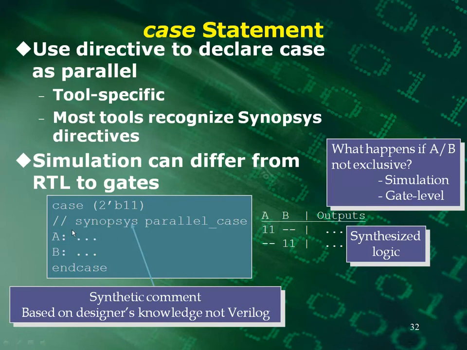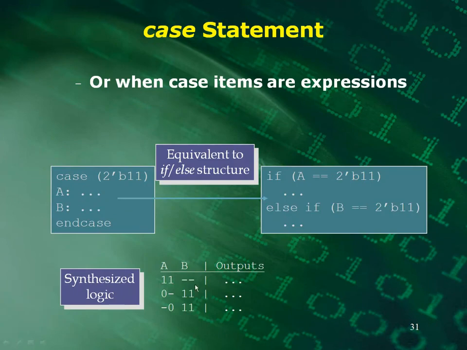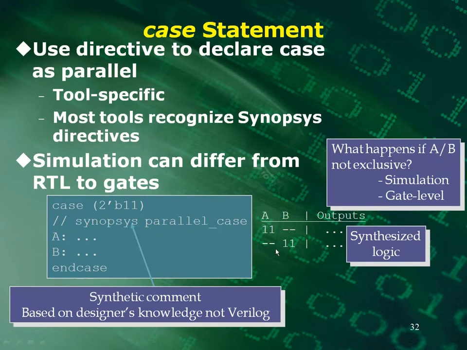And then for B, it wouldn't be that if-else. It would just be, if B is equal to 1,1, then you'll get the output. It doesn't care what A is, whereas in the previous example here, it does matter. Anyway, I just want you to be aware of this.